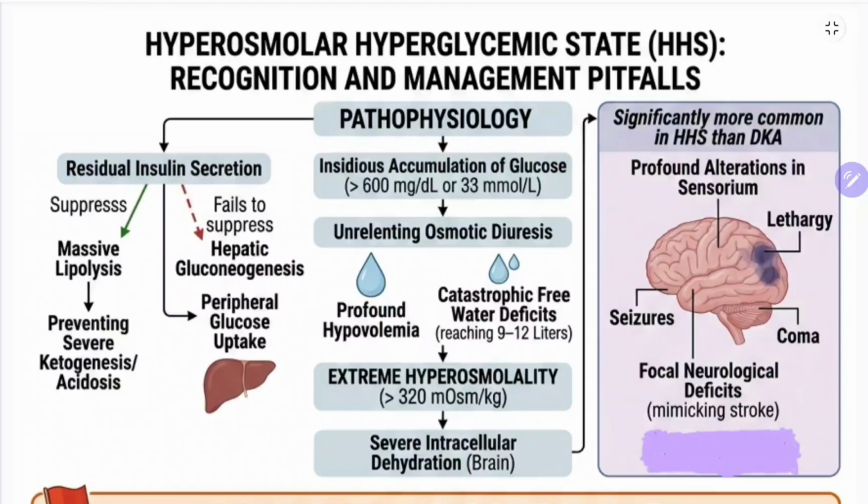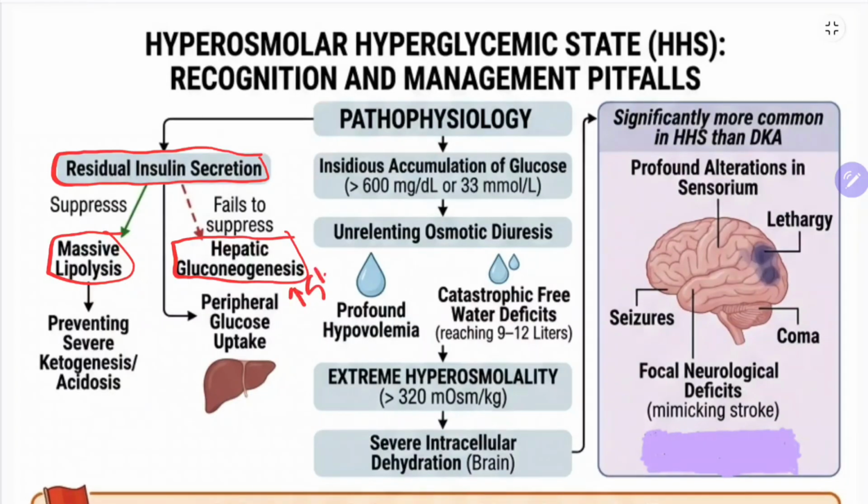So remember, in HHS there is residual insulin secretion which will adequately suppress the lipolysis but fails to suppress the hepatic gluconeogenesis. Okay, so what will happen then?